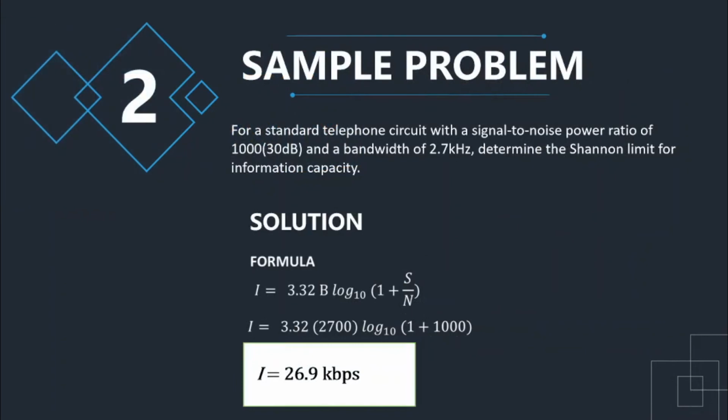So, try natin mag-solve ng information capacity. So, the question is for a standard telephone circuit with a signal to noise power ratio of 1,000 unitless. So, that's the signal to noise ratio, which is also equal to 30 decibels, and a bandwidth of 2.7 kHz. Determine the Shannon limit for information capacity.